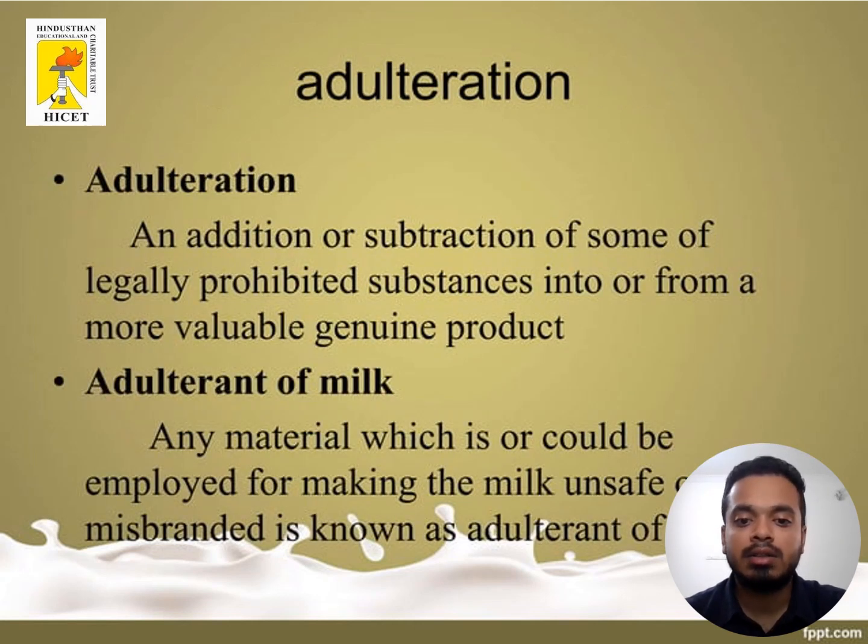So what is adulteration? An addition or subtraction of some legally prohibited substances into a more valuable genuine product is called adulteration. Adulteration in milk is any material which is or could be employed in milk and makes the milk unsafe to drink.